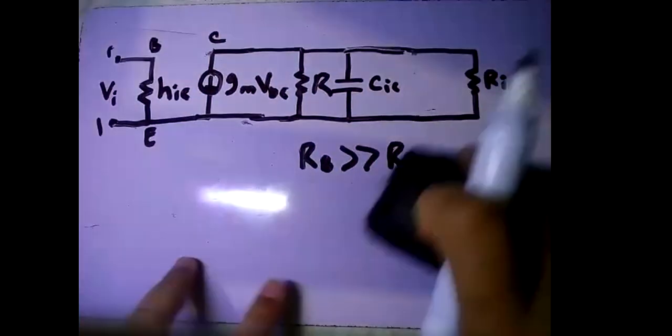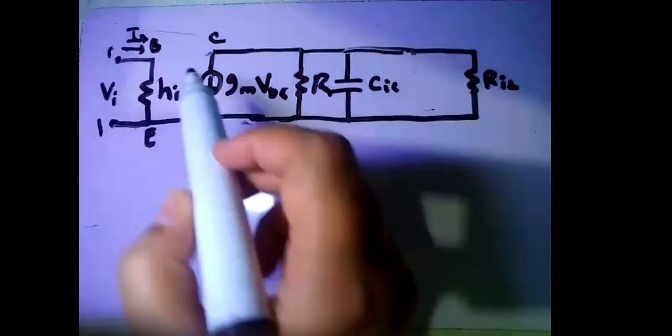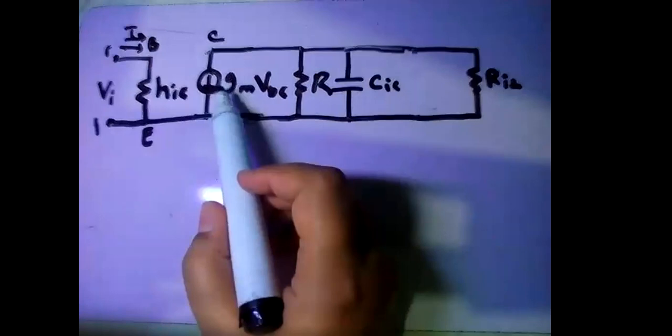Now, here the base current IB will be supplied, and this is the current source of the first stage transistor.